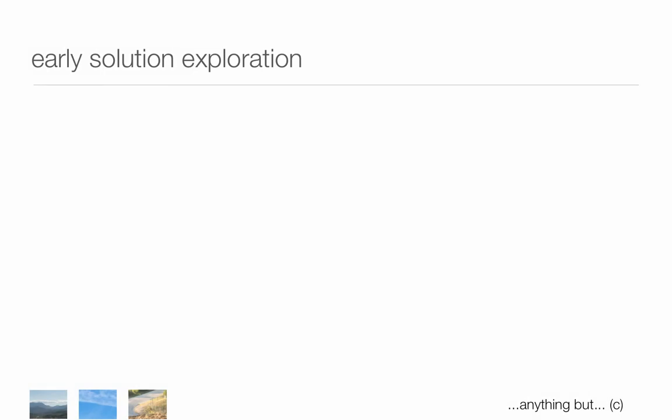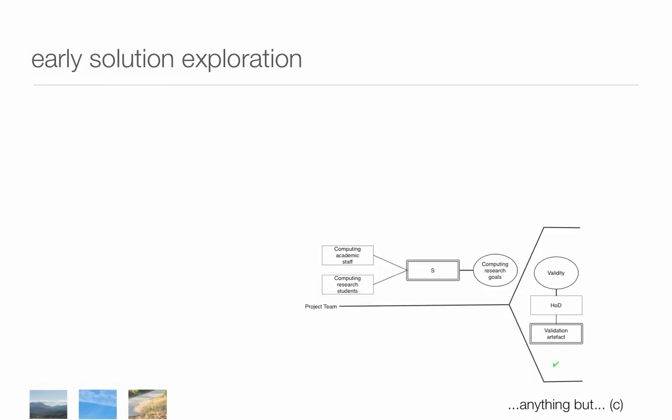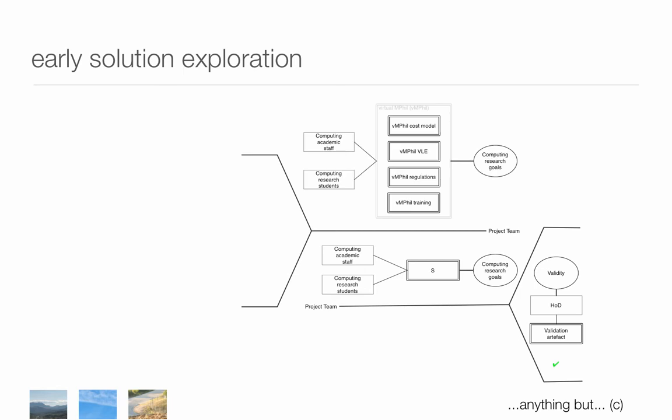So this led to a second POE step, solution exploration, in which, starting from our validated initial problem, we looked in more detail at what our solution might look like, and we added some structure to its design, in particular by identifying that we needed some regulations because all research degrees are regulated.